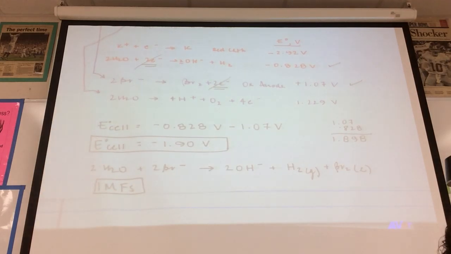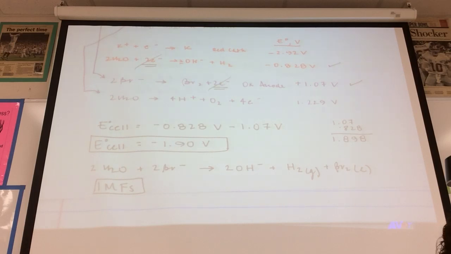So which would have the stronger IMFs, fluorine gas or iodine solid? Definitely iodine solid. So what type of IMF are we talking about for group 17? LDFs, because they are all nonpolar covalent. So why would the LDFs in iodine be stronger than those found in fluorine gas?